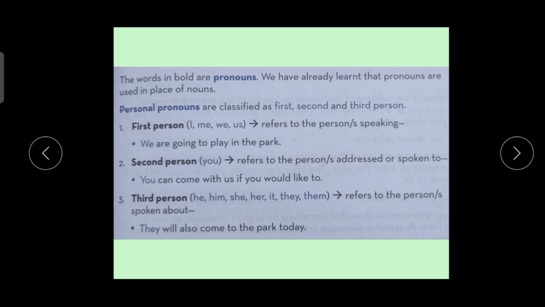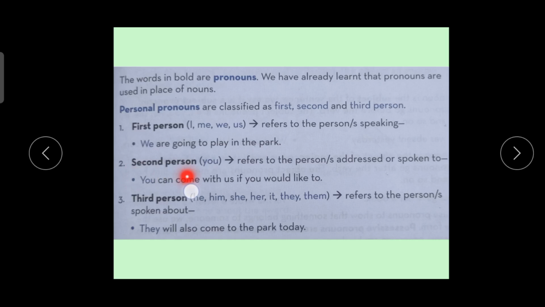Here, as you can see, the lesson is telling us that personal pronouns can be divided into first person, second person and third person. First person consists of I, me, we, us, and they are used to refer to the person who is speaking. For example, we are going to play in the park.